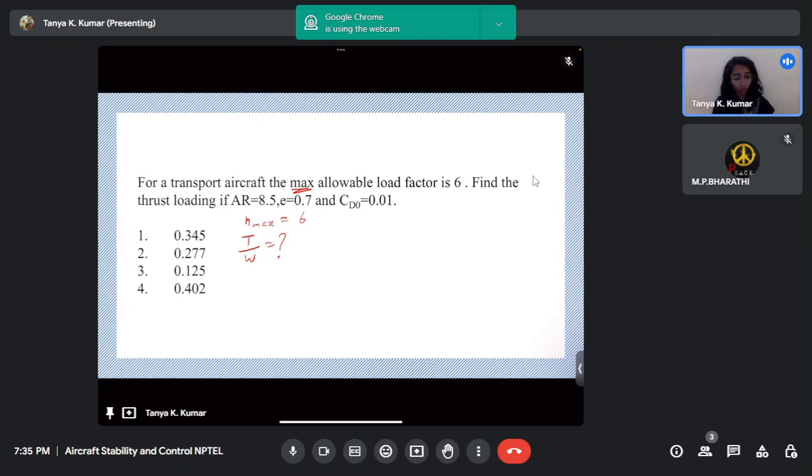What is the formula for load factor? Load factor is L by W, correct? So just manipulate these terms to get the quantities that you have given in the question.